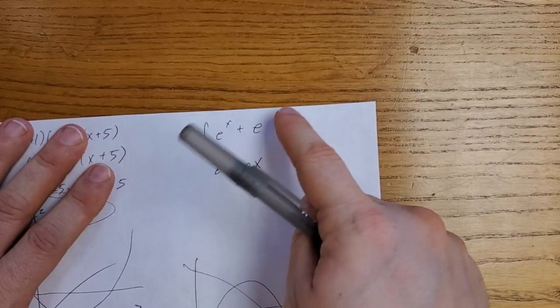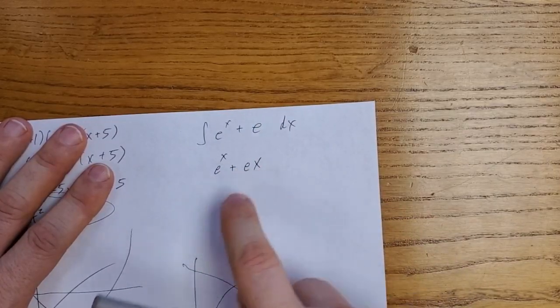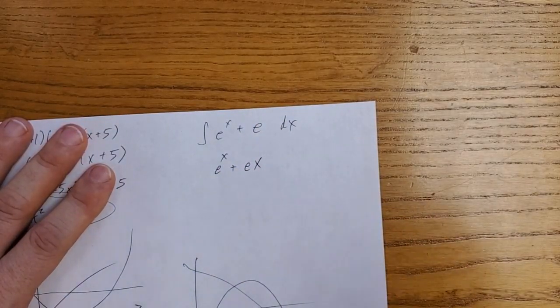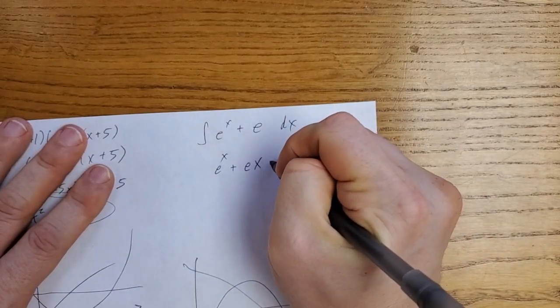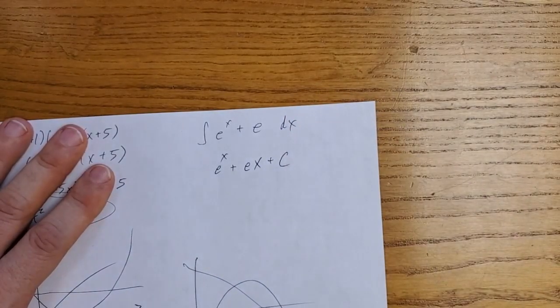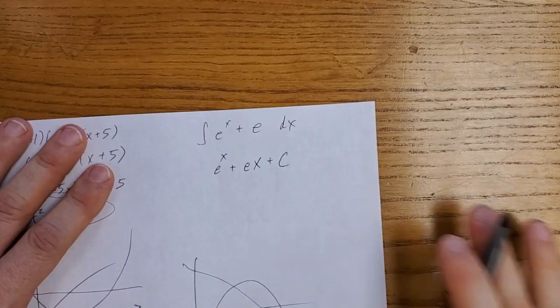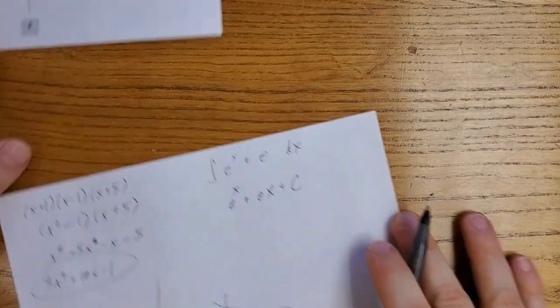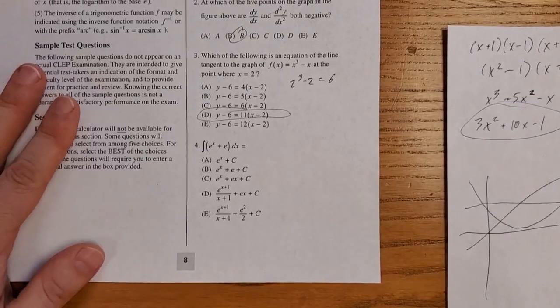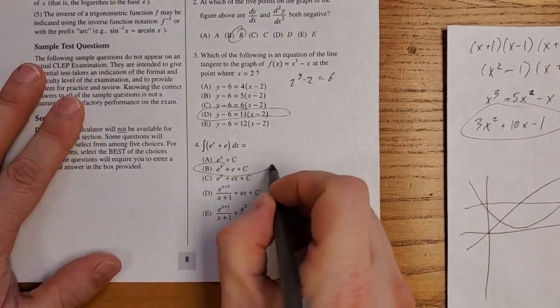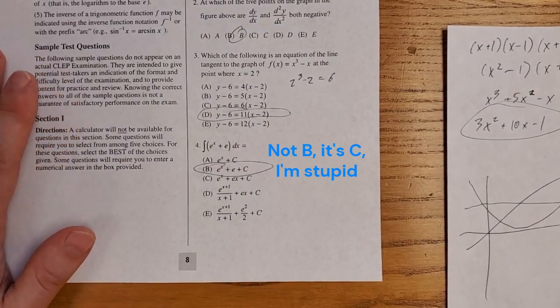So e by itself, a constant number, becomes e x like any other number would. And then with any indefinite integral, you have to add the c for some unknown constant that might be there. And we look at our options here, and that is indeed selection B.